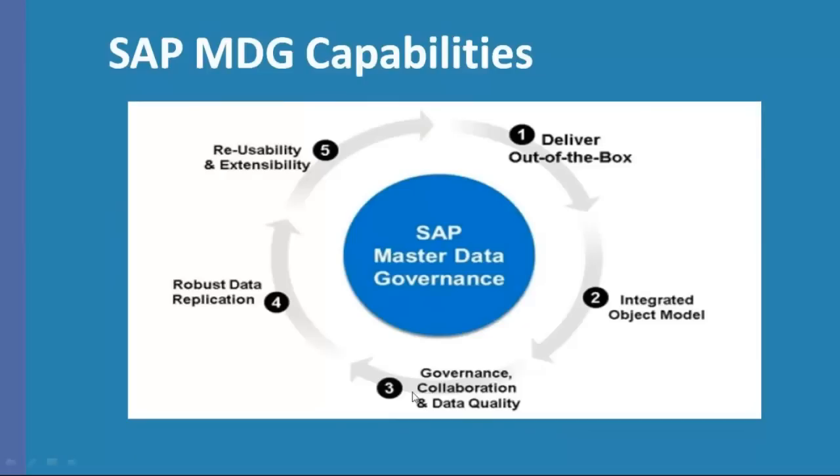Governance process, the one which I was talking about, the framework. Like if I create something, then before me there will be several approval procedures. Then data quality, we have data validations, data derivations, as I mentioned. Then replication, the robust, centralized data replication process across the landscape. And then reusability and extensibility. So these are a few points which make MDG a very important system.